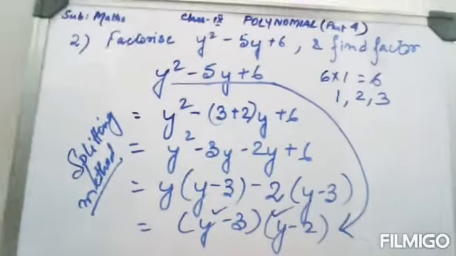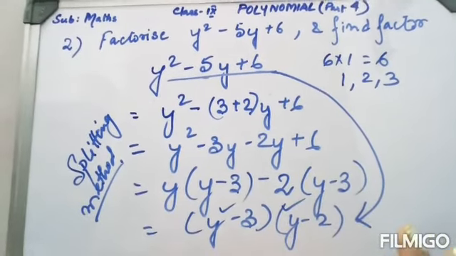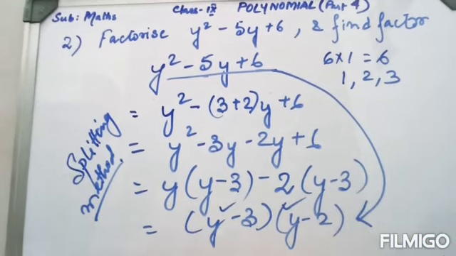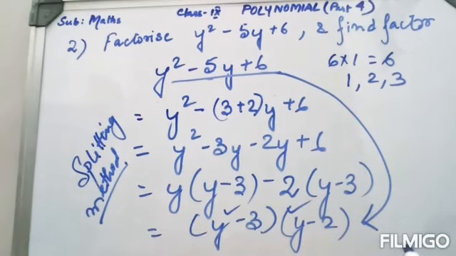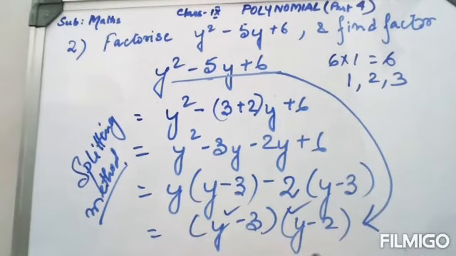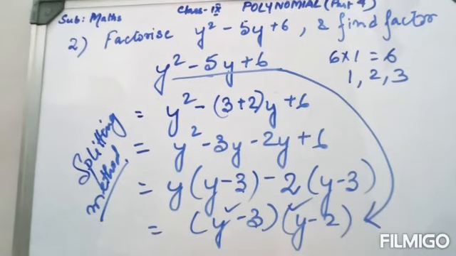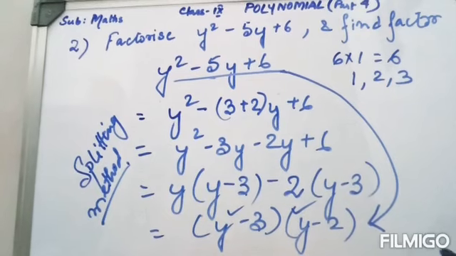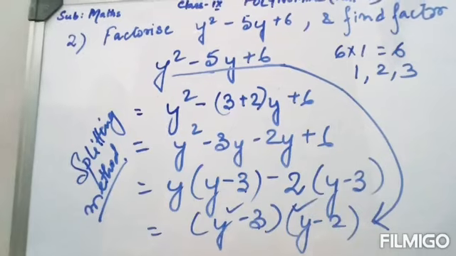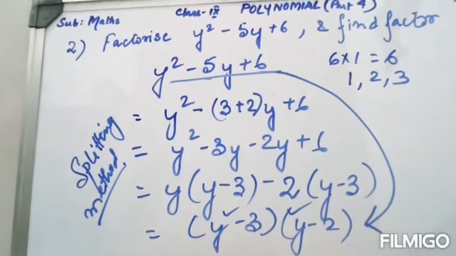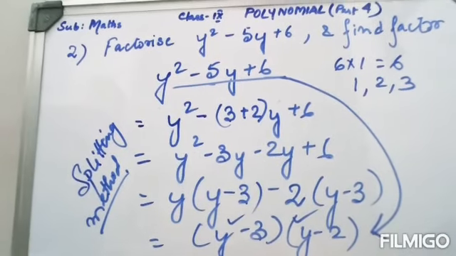This is quite easy, and I recommend you use this in your exams. If it is not stated to use the factor theorem to find the factors, use the splitting method, because you have already learned it in your previous classes and it will be easy. If it is mentioned, then you have to use the factor theorem, the next one, the trial and error method.